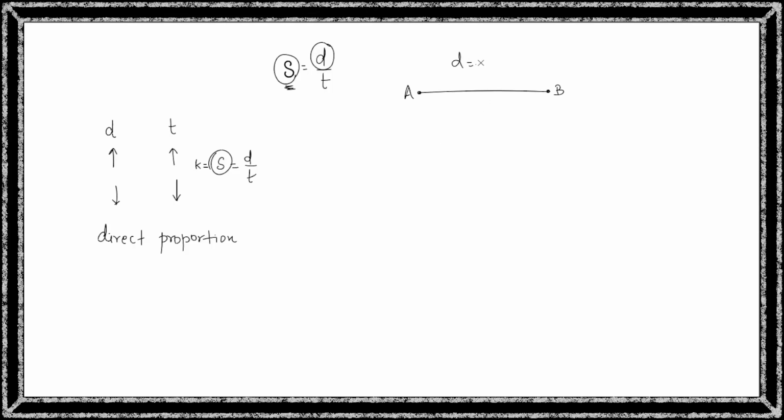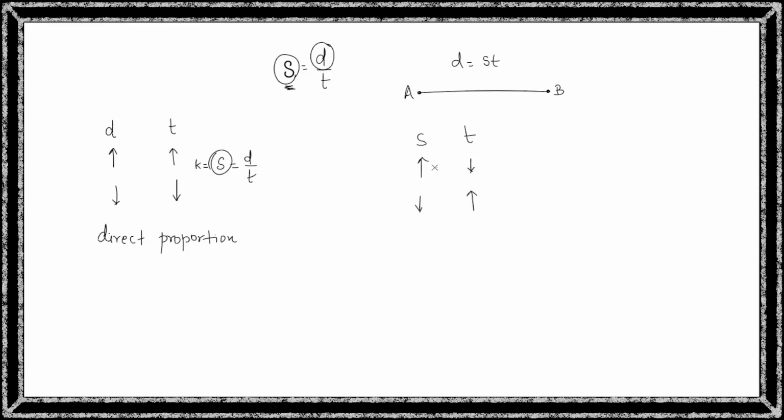Now here, if I increase my speed, the time taken to reach point B is going to decrease. It's quite understandable, right? If I walk faster, I'll take lesser time to cover the distance. And if I reduce my speed, it's going to take me more time to cover the same distance.